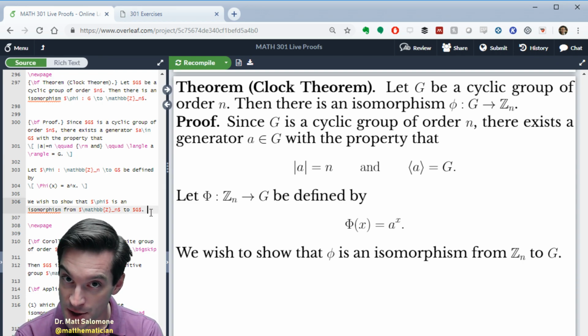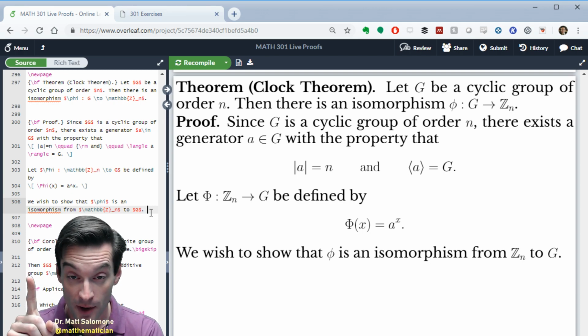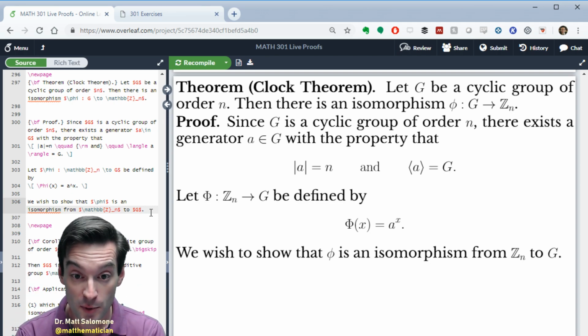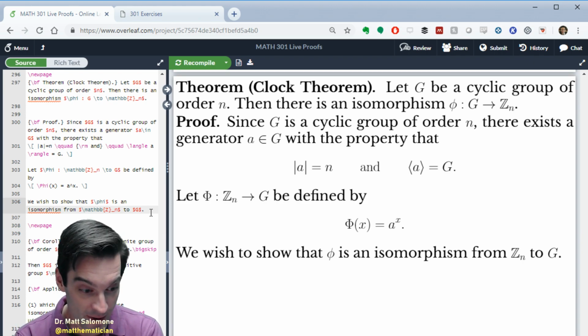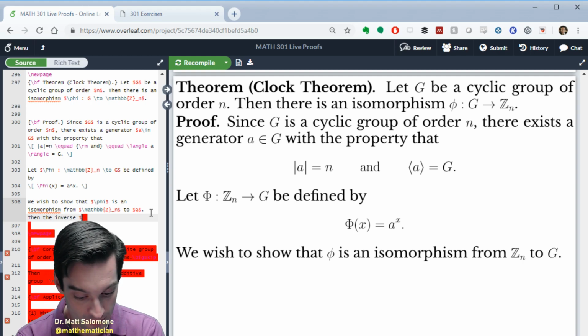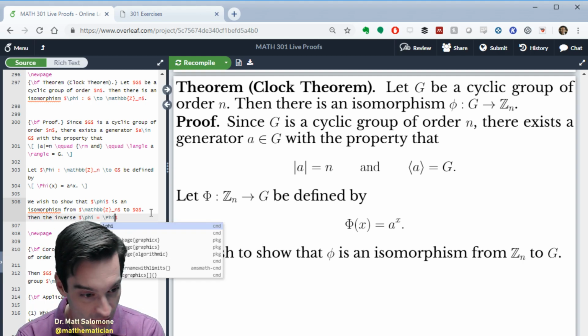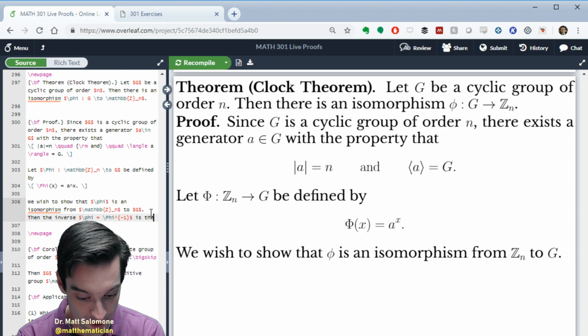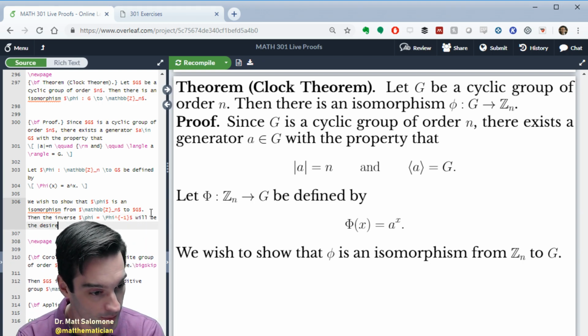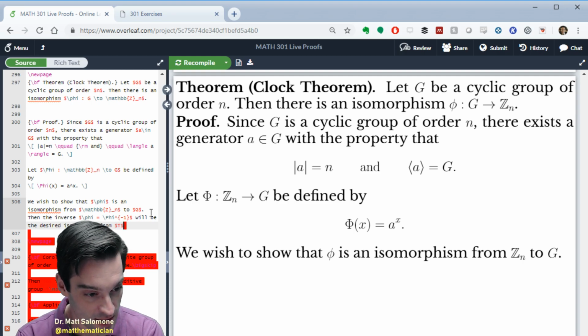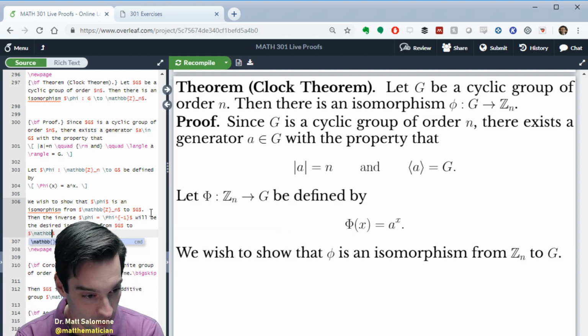And it's a symmetric relation because given any isomorphism from group G to group H, its inverse function is an isomorphism from group H to group G. So all we have to say here is that then the inverse, phi equals capital Phi inverse, will be the desired isomorphism from G to Zn.